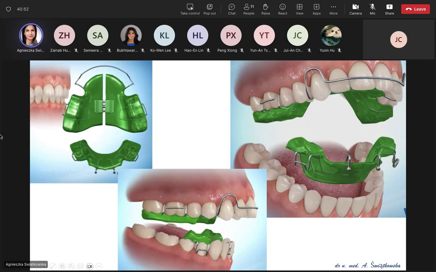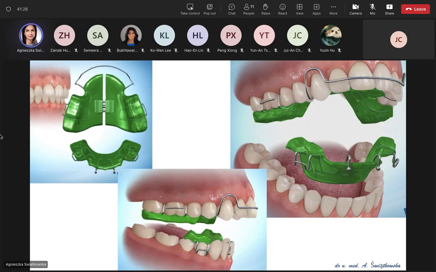To prepare this kind of appliance, to make a decision about functional treatment, first we should check if our patient could advance the lower jaw to the correct position. So our patient has class 2 cusp, and we ask him, please take your lower jaw forward, and we check if the contact on the molars is class 1, or the contact on the incisors sometimes is edge to edge.